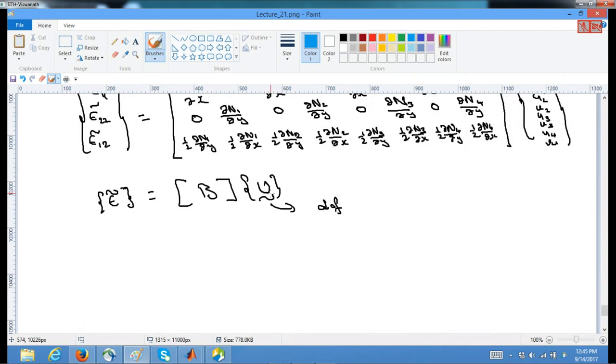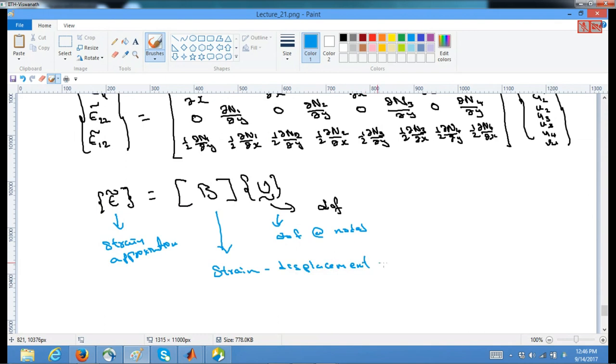Some people write it as U, some people write it as capital D. So this is nothing but the degrees of freedom, and this is your strain approximation, and this is your degrees of freedom at nodes, and this matrix B is the thing that connects the strain and the displacement.